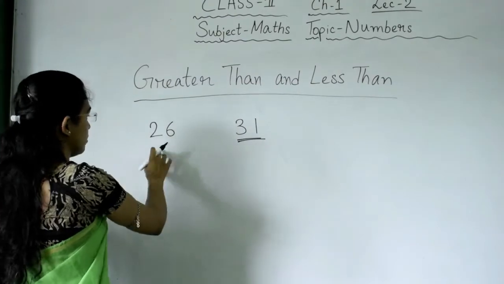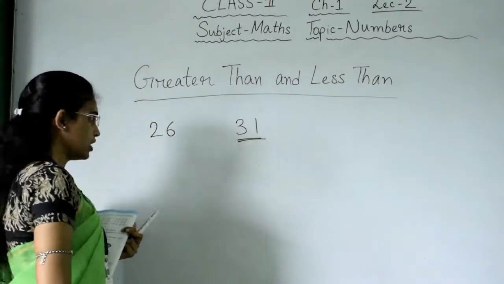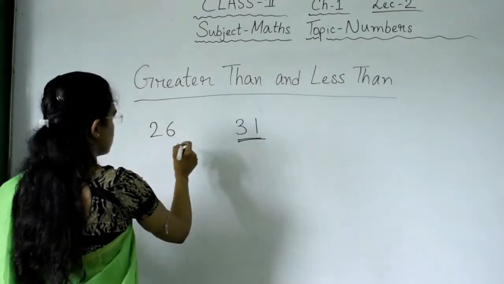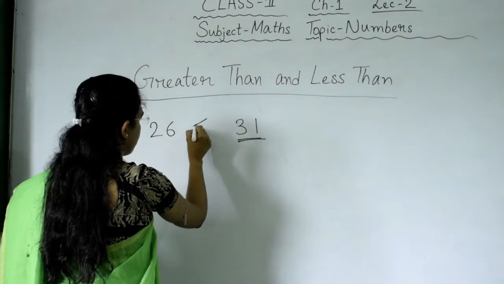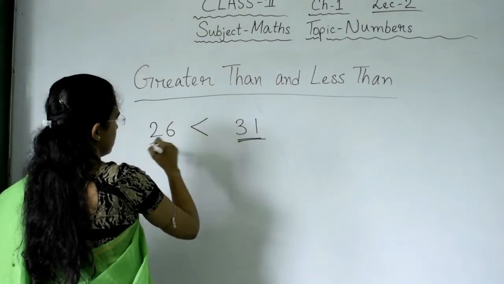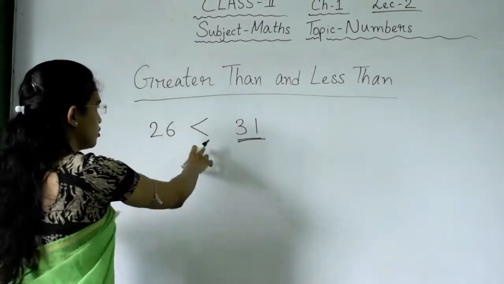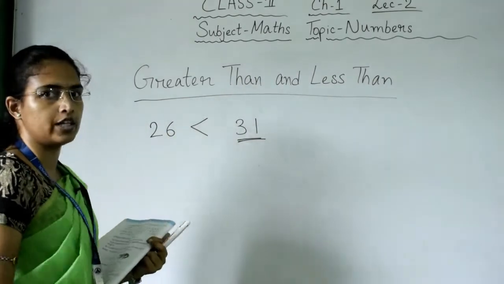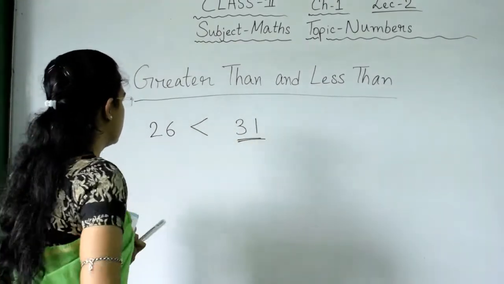The crocodile will come and eat this number. This is our crocodile and his mouth is open and he goes to eat, going towards 31 to eat this number. Why? Because this is the biggest number.